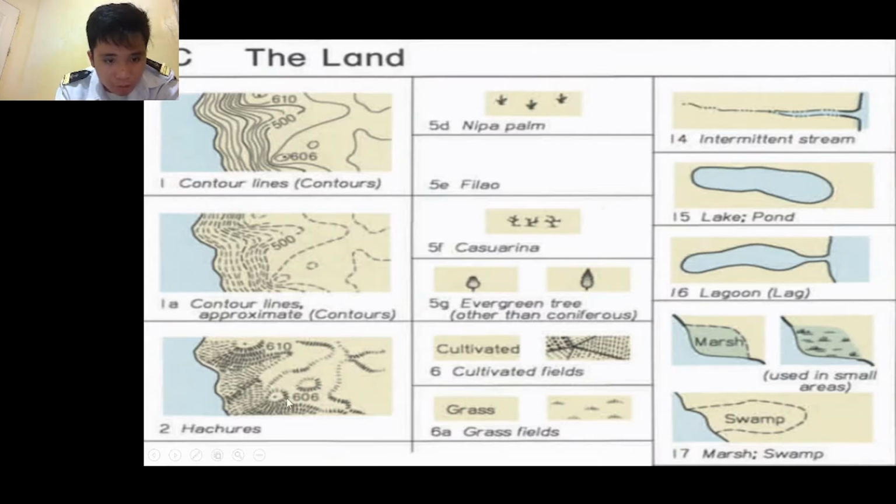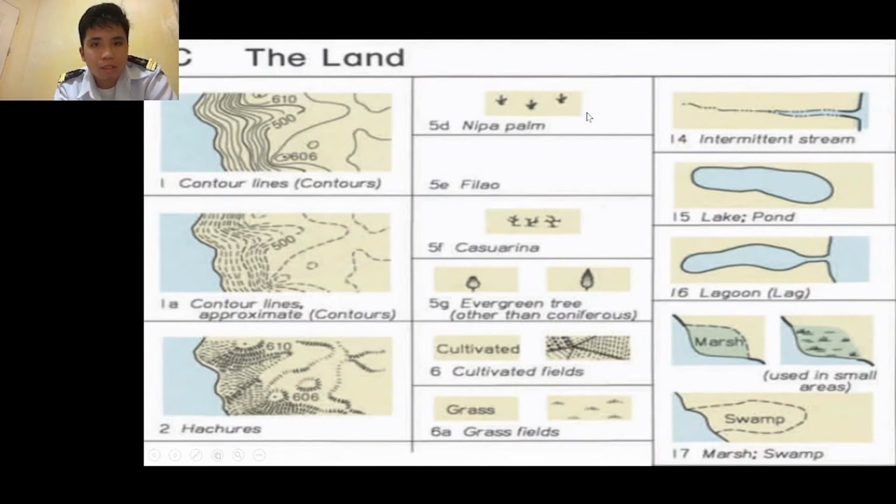Then we have here hachures. Unlike the contour lines, these are straight vertical lines, a lot of straight vertical lines, on land. Then here we have the nipa, or the palm.